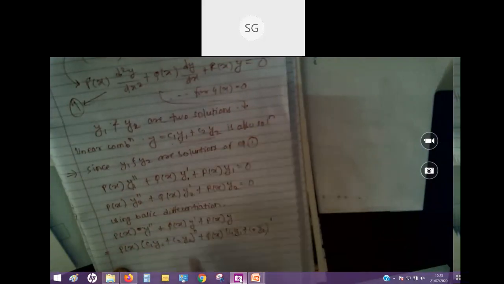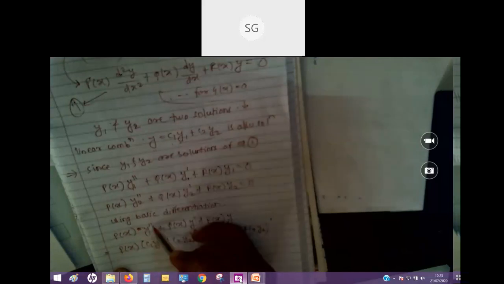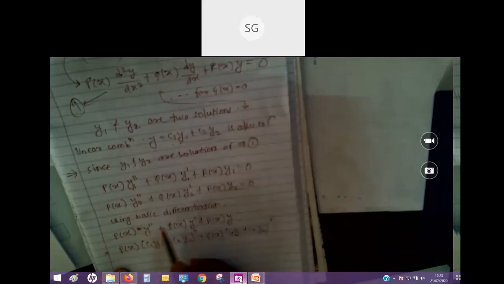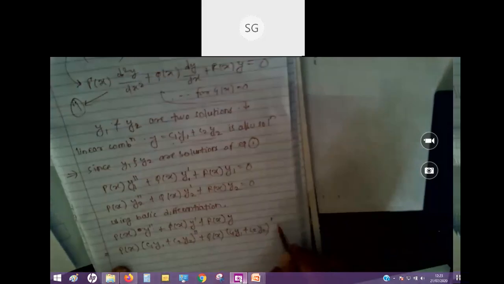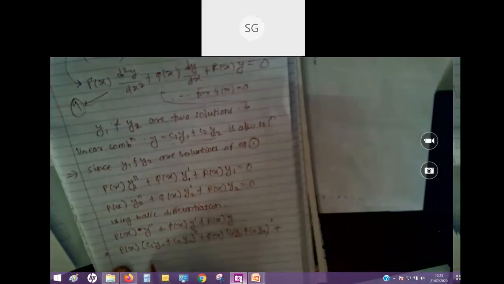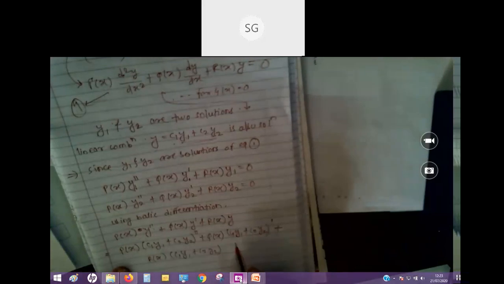That's why these terms are coming. Now plus r of x into c1 y1 plus c2 y2.